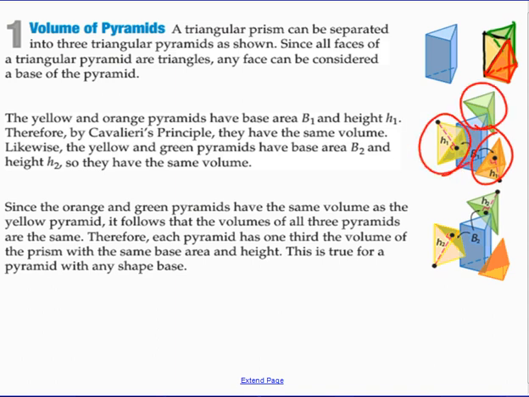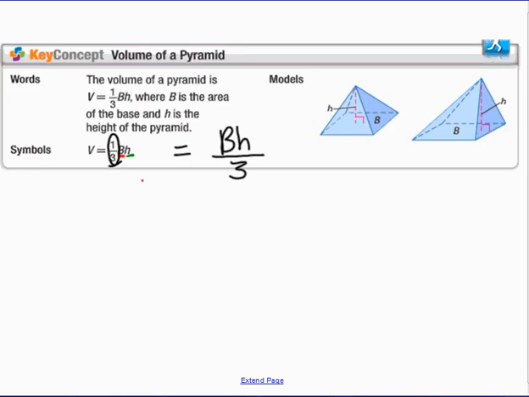So the formula comes from the fact that 3 of these pyramids fit in a prism. If you want to find one pyramid of a prism, you have to take the volume of that prism and divide it by 3. So that's where the 1/3 or the divide by 3 part of the formula comes from.